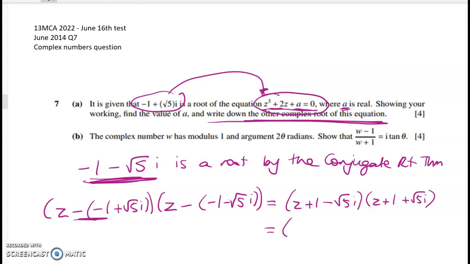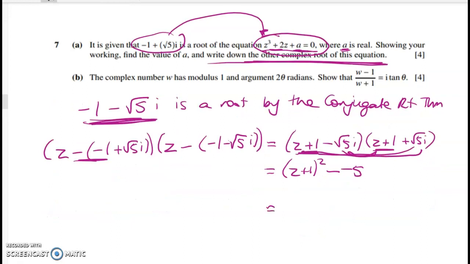That gives me (z plus 1) squared, right? So working with this, these disappear. That's how the conjugate root theorem works. And then I've got minus 5i squared, so minus -5. That cleans up to give me z squared plus 2z plus 1 plus 5. Giving me a quadratic of z squared plus 2z plus 6.